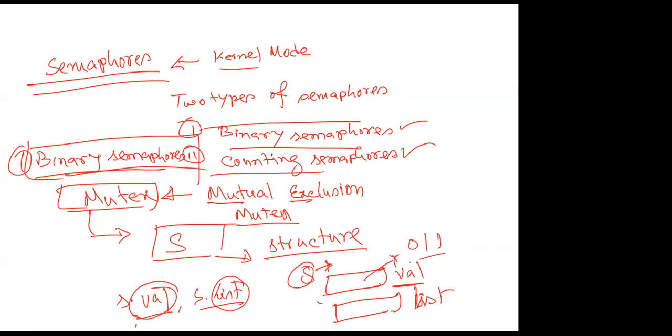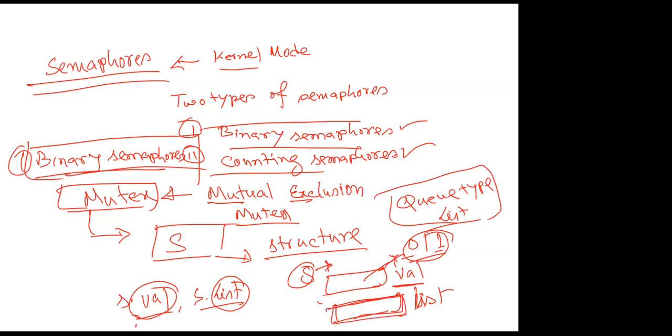The list is similar to an array; it is kind of a linked list that maintains a queue type list, first in first out.